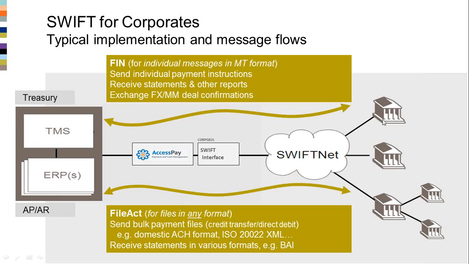Typically more in the treasury space, the corporate can send individual payment instructions, typically single, urgent, high-value treasury style payments. They could receive balance and transaction reporting either end of day, but increasingly we see that coming intraday from their different banks. Many corporates use SWIFT to exchange FX and money market deal confirmations with their banking counterparties.